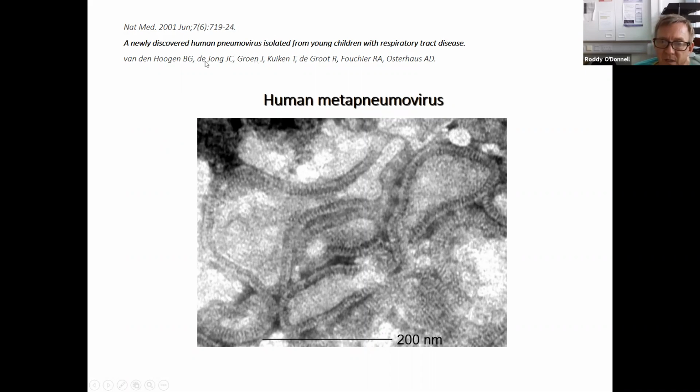This group discovered and identified another single-strand negative-sense RNA virus that looks a lot like RSV in many ways, and belongs to the same pneumovirus family, called human metapneumovirus. It also has very widespread infection, almost as far as RSV across the population, and is often associated with severe bronchiolitis, although there are fewer admissions with human metapneumovirus than with RSV.